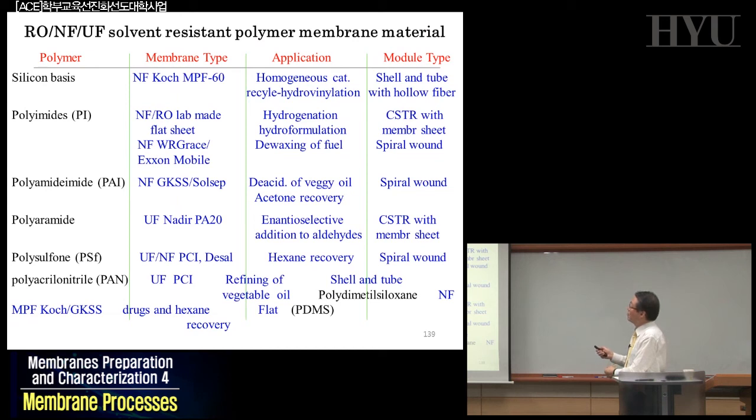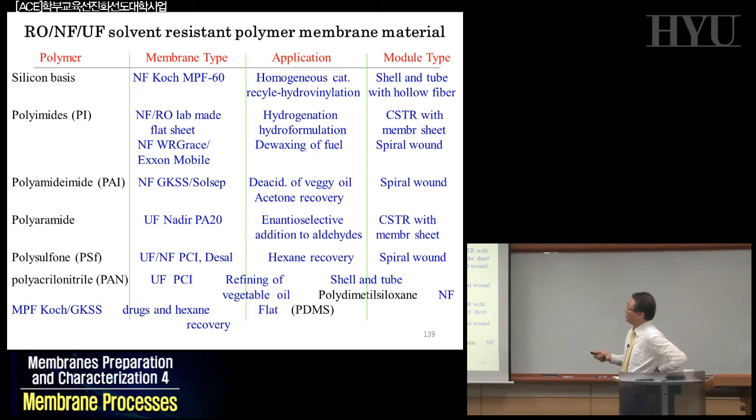Solvent-resistant polymer membrane, sort of an NF membrane, I would say. The RO process and UF process need a membrane with high solvent resistance. Typically, the solvent-resistant membrane is made of silicon-based material, and mainly the polyimide membrane has been known for the nanofiltration membranes.